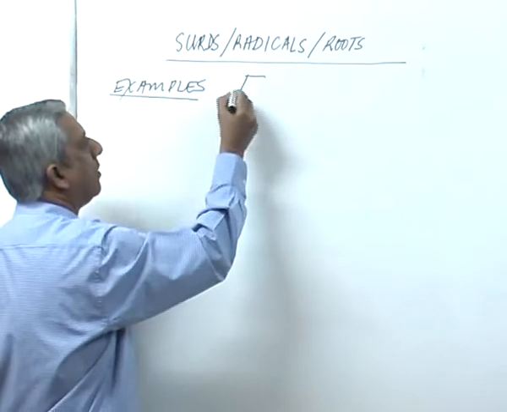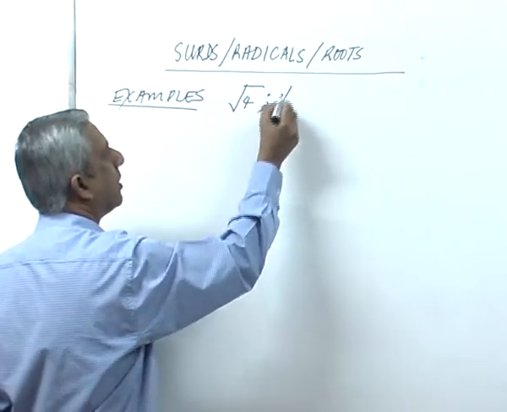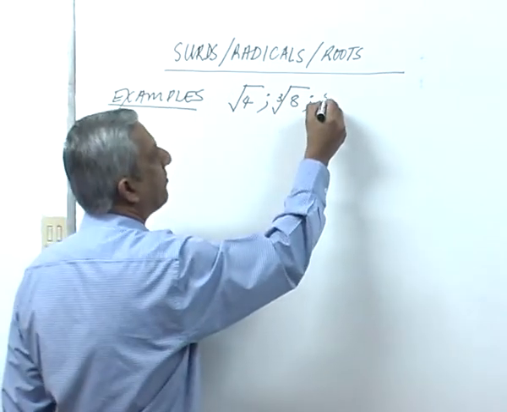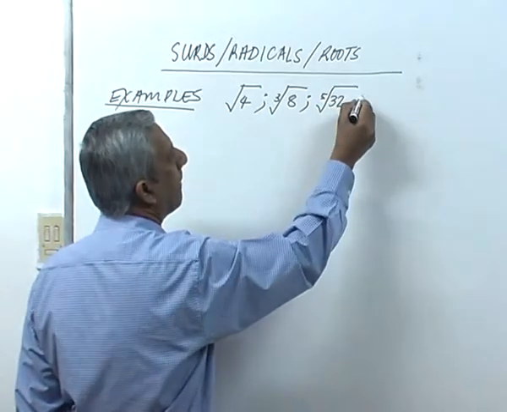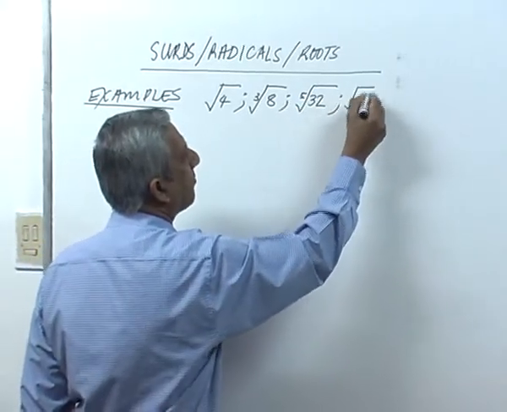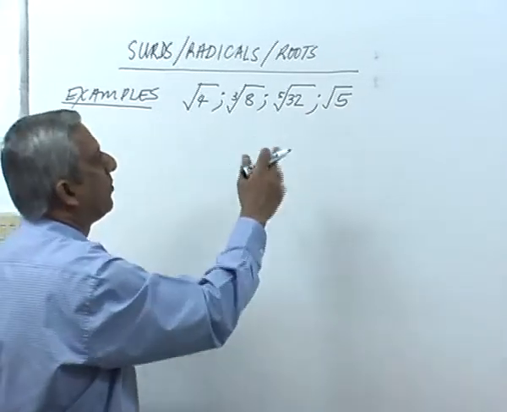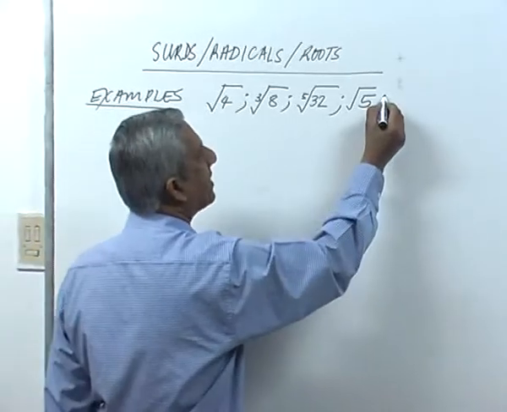Square root of 4. Square roots, cube roots, can be any root, can be fifth root, for example, of 32, can be square root of 5. So whether it is square root, cube root, fifth root, it can be any root. So if I say any root, I can write a letter like this.